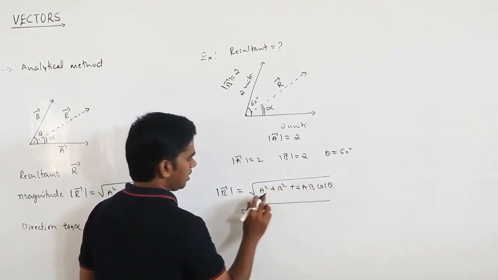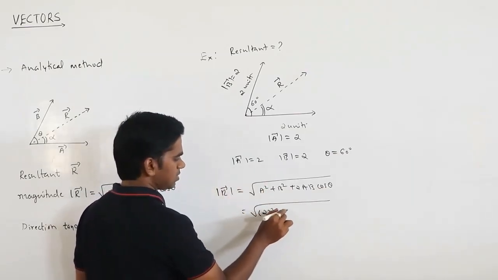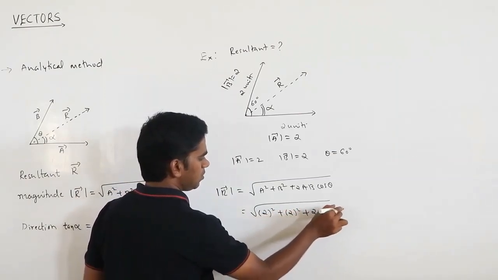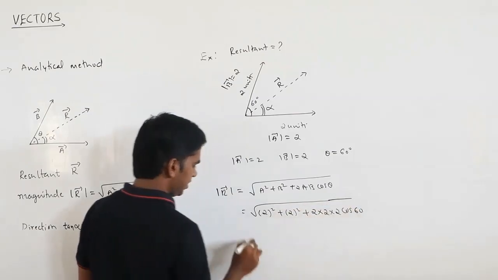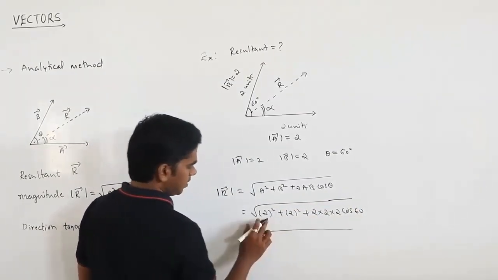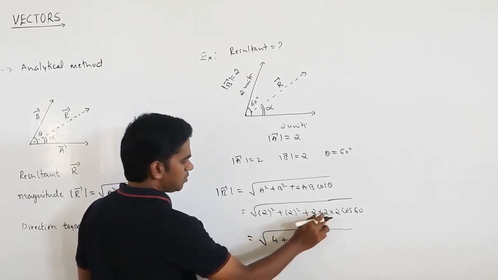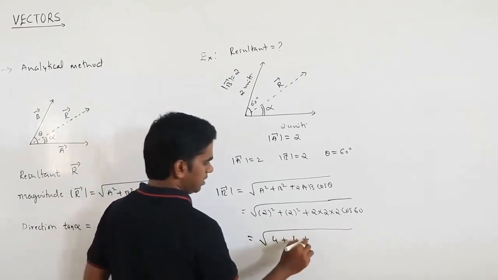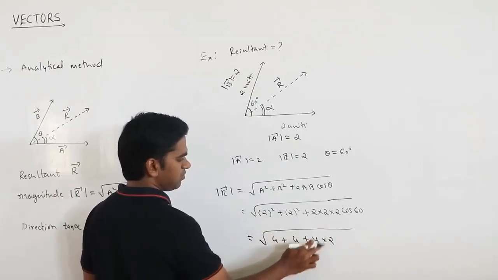So root of, A is 2, so 2 squared, plus B is also 2 squared, plus 2 into 2 into cos of 60 degrees. So root of 2 squared is 4, plus 2 squared is 4, plus 2 into 2, so let me write it as 4 into 2.